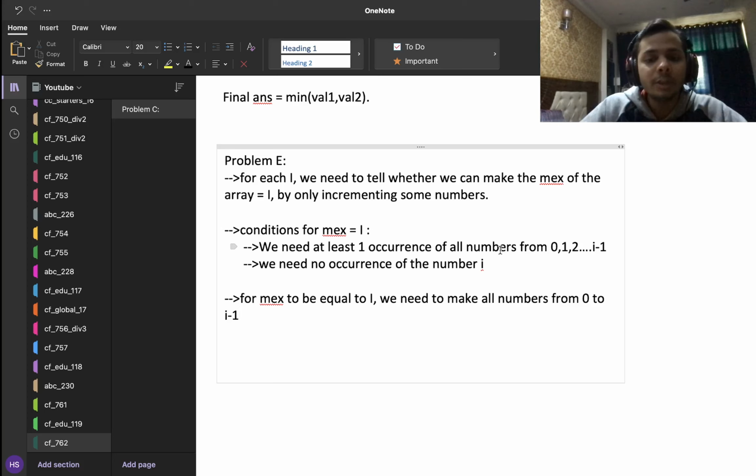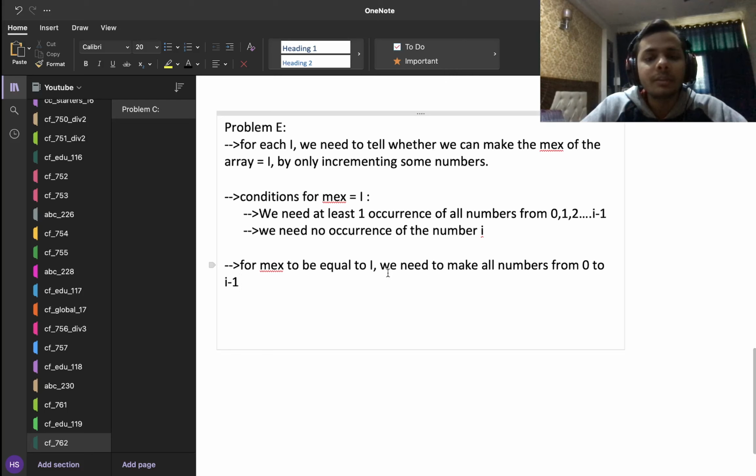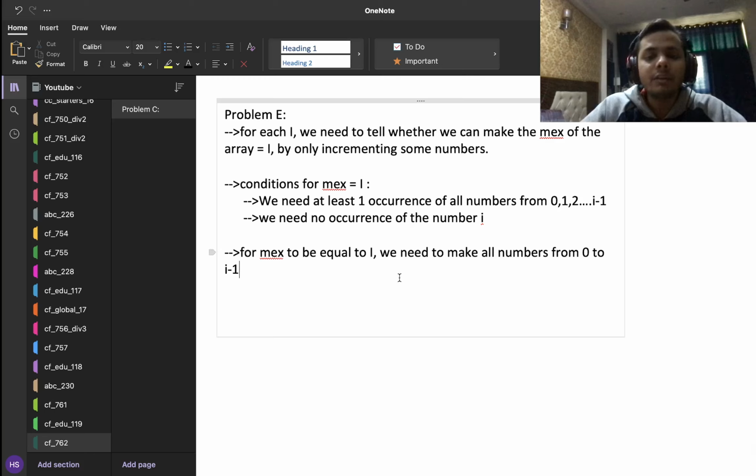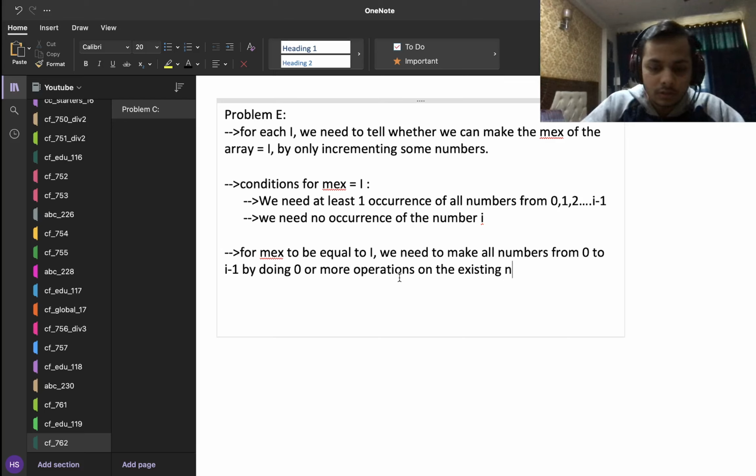So for max to be equal to I, we need to make all numbers from 0 to I minus 1, right? And by making a number, what I mean is that I will do zero or more operations on some existing number and make a number. Okay, but how do I make a number?